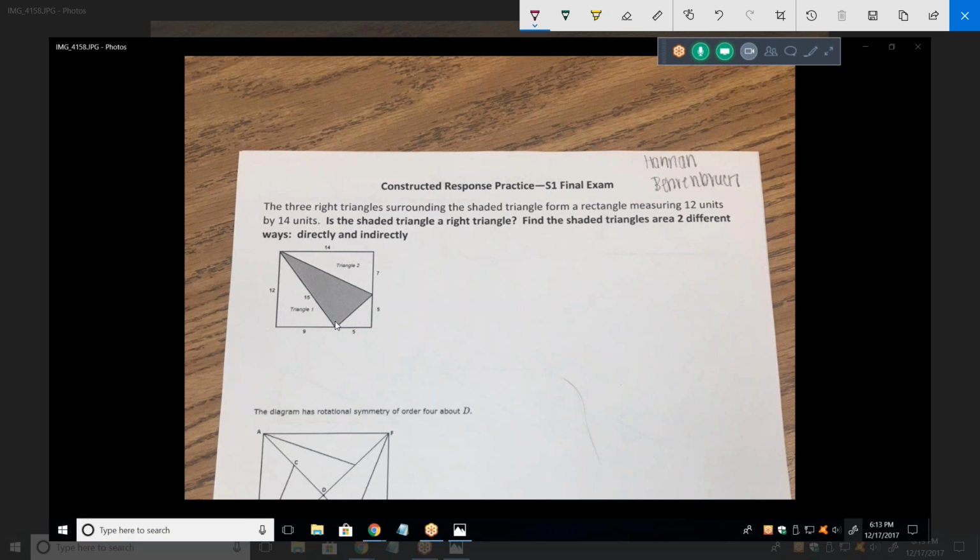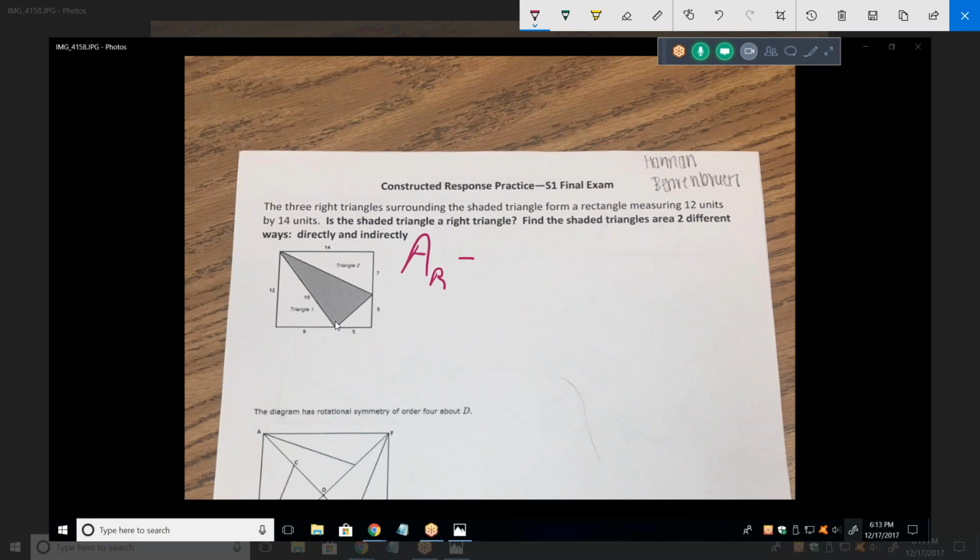Well, the way I can most immediately think about it is I can figure out the area of each of these three white triangles, right? Mm-hmm. And I can figure out the area of the rectangle. So it's the area of the rectangle minus the area of each of the three triangles. So what's the area of the big outside rectangle? 168.